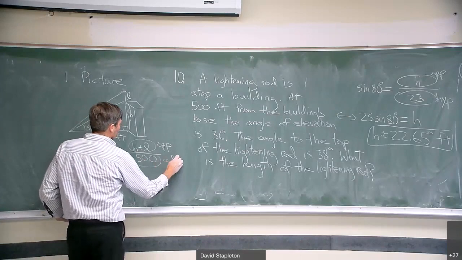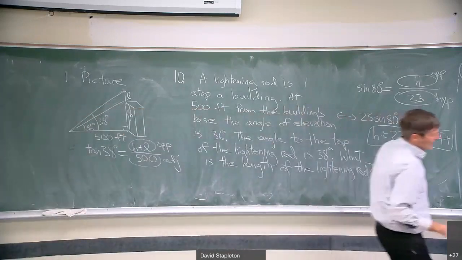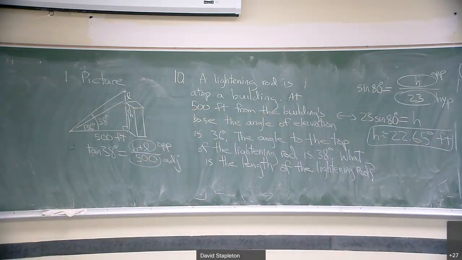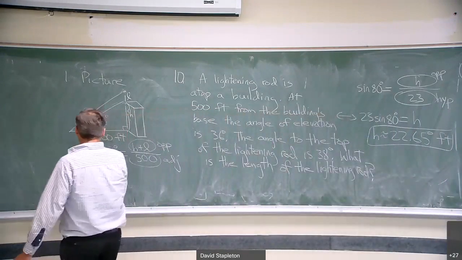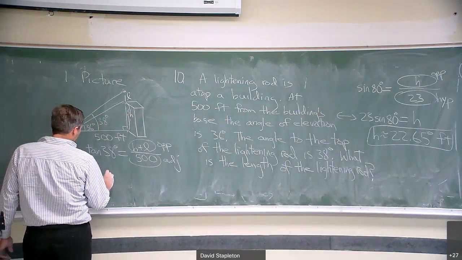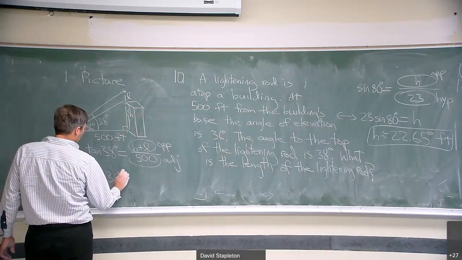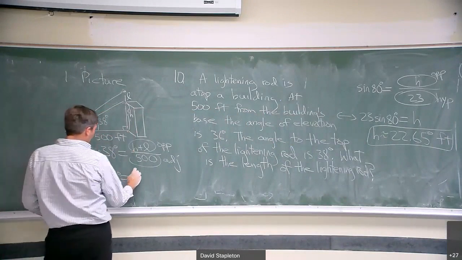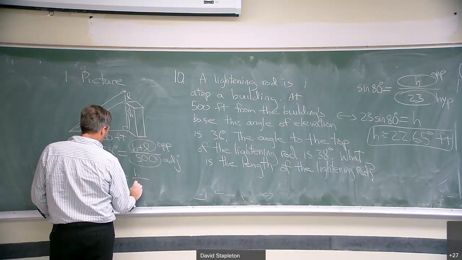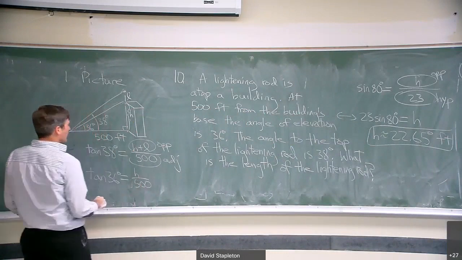Tangent equals opposite over adjacent. Now, similarly, if I take tangent of 36 degrees, it's its opposite side to the adjacent. That's h over 500. All right?